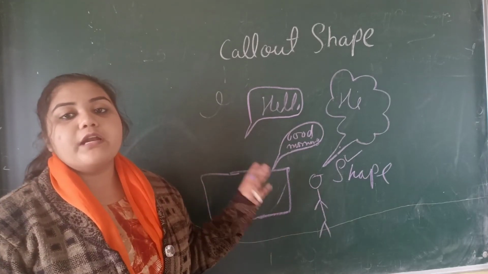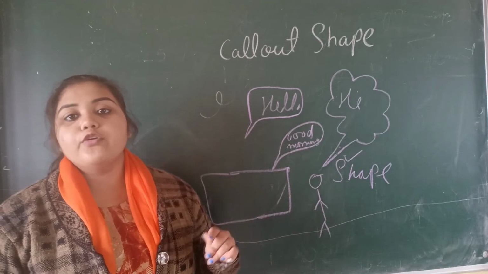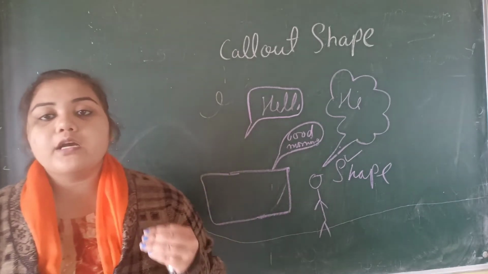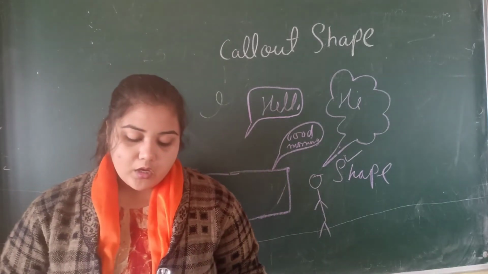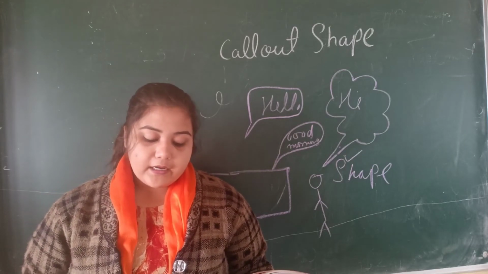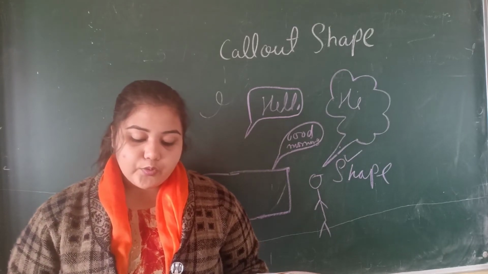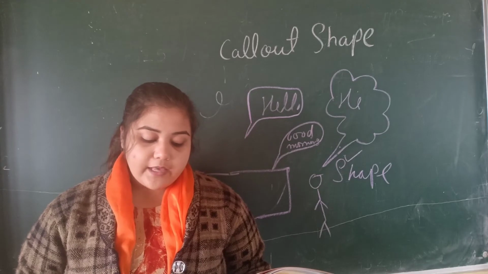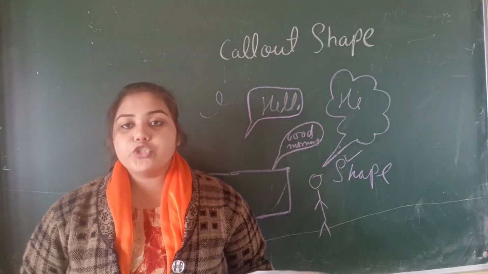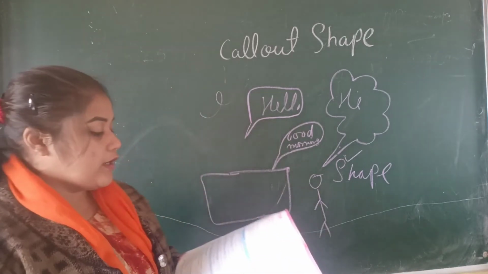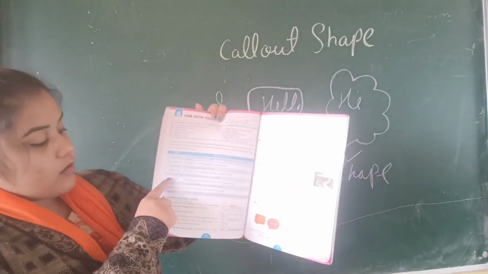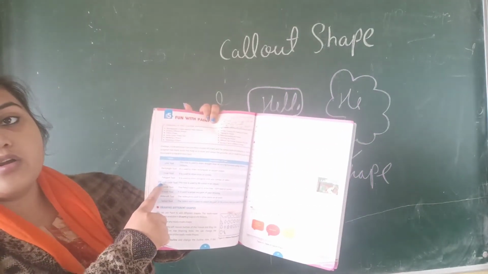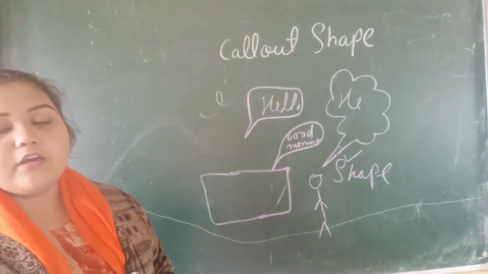Now you can fill color in this. To add color, select the fill with color tool in the tools group. See here in the tools description, it is given: fill with color. So for filling the color we are using this.